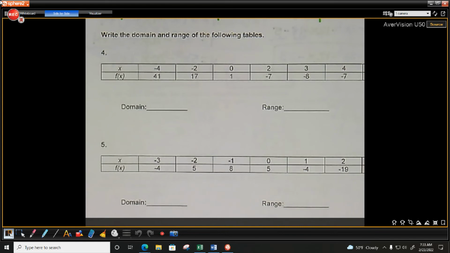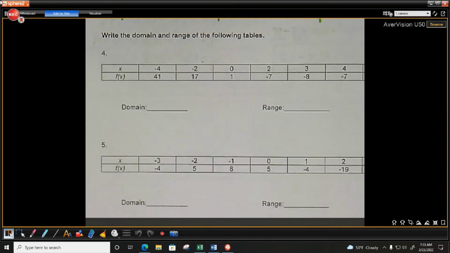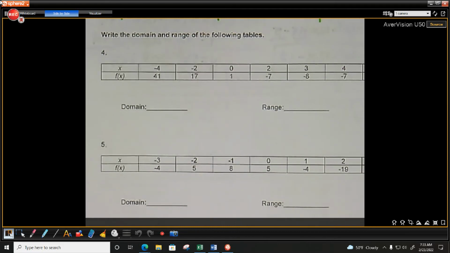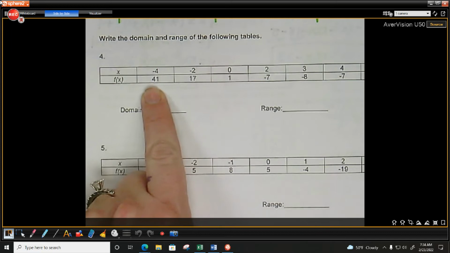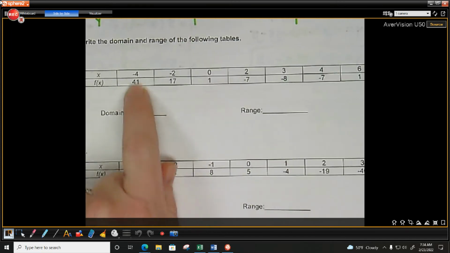What do you think? How do you find the vertex on the table, though? That's true, but how do you find the vertex on the table? It's being sandwiched by pairs of y values. It's the only y value that doesn't have a pair. Now looking here, does 41 have a y value that matches? No, but is -441 your vertex?